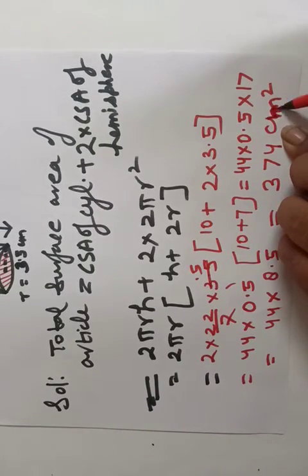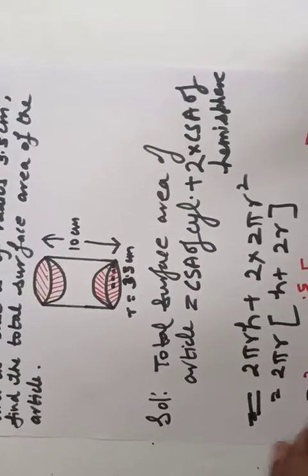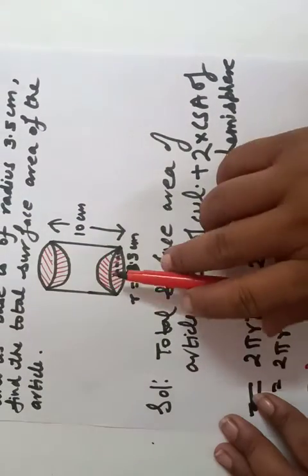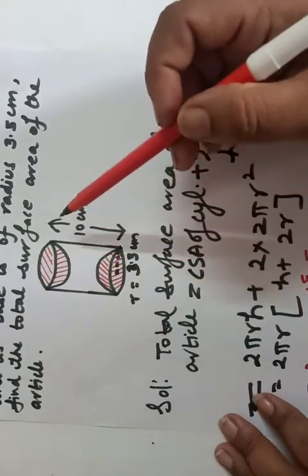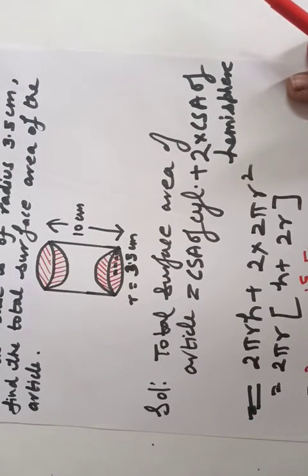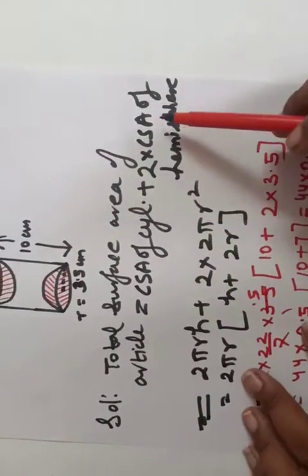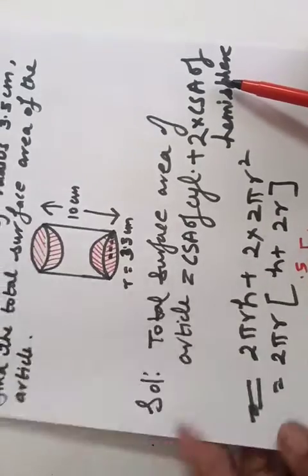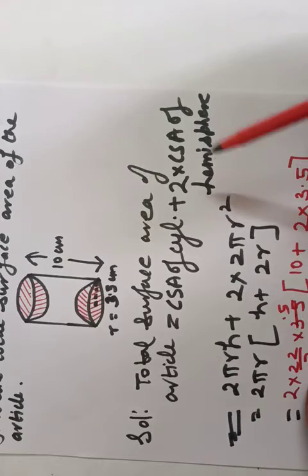Yes, so it's important as well as easy also, so let's repeat the question, just revise it. A cylinder is given to us, we have taken out the two hemispheres from the end points, so we need to find out the total surface area of the remaining solid. The question arises in the students' minds: we have taken out the hemisphere, so why are we adding this? Just imagine the solid.